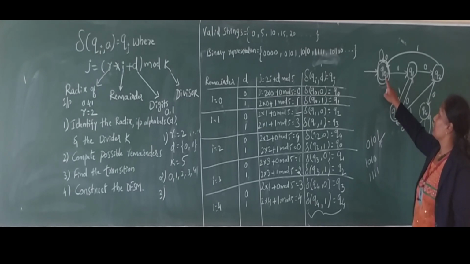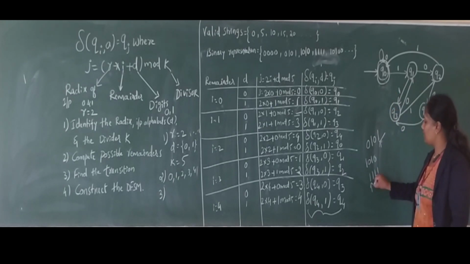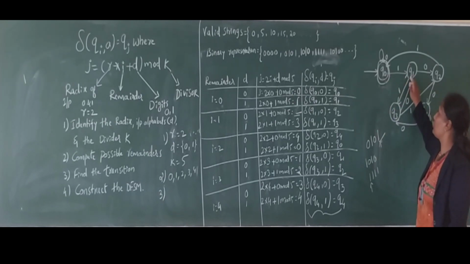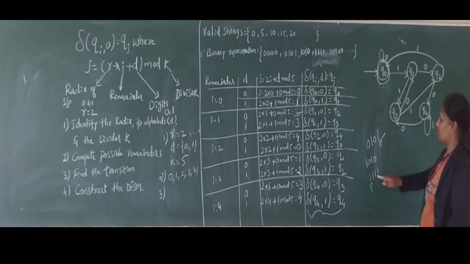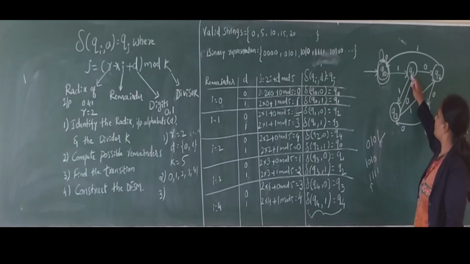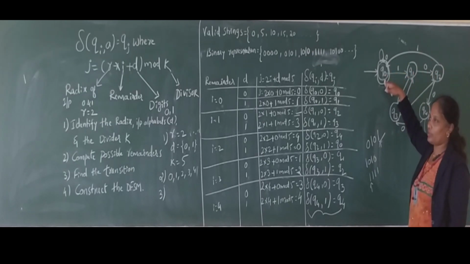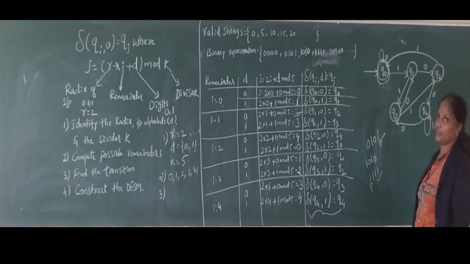When you read the first 1, you change the state from Q0 to Q1. Second one, from Q1 to Q3. Third one, from Q3 to Q2. Fourth one, from Q2 to Q0. So this will also get accepted.